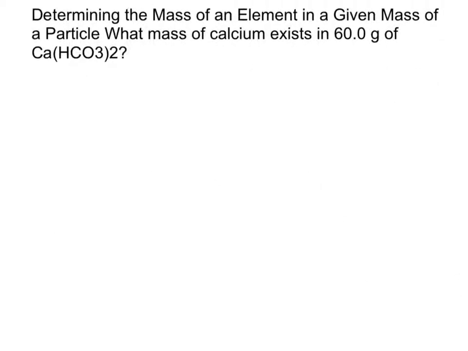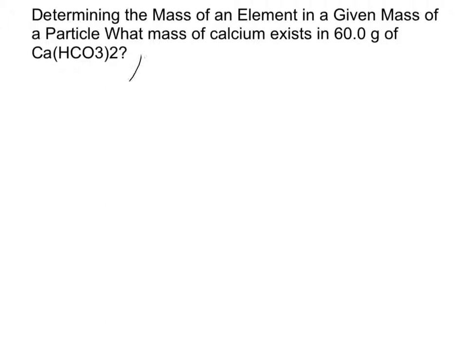So now I need to figure out the mass of an element given the mass of the compound. What I know in this question is I have the overall mass of my compound as 60.0 grams. So the first thing I should do, off on the side of my sheet of paper, is figure out the molar mass of calcium bicarbonate.